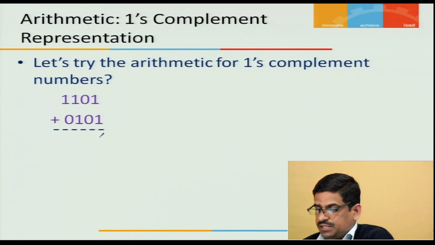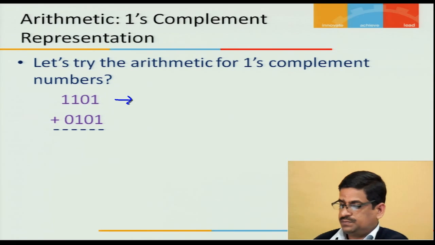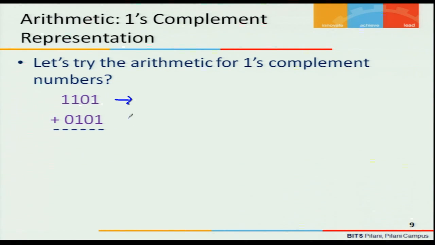First look at what numbers are represented in the 1's complement form. You can see here this is the 1's complement form number given. The leftmost bit here is 1. So the number is negative.